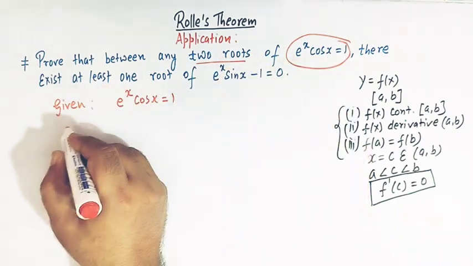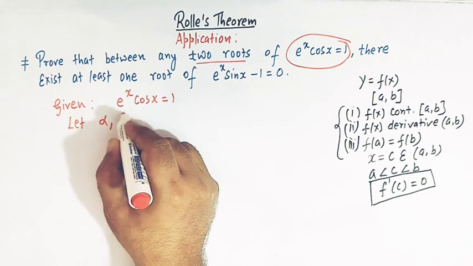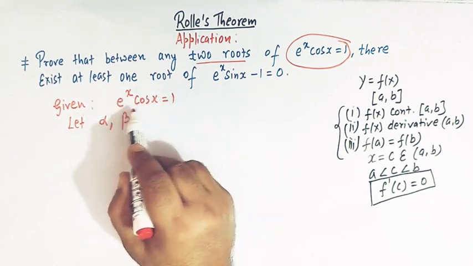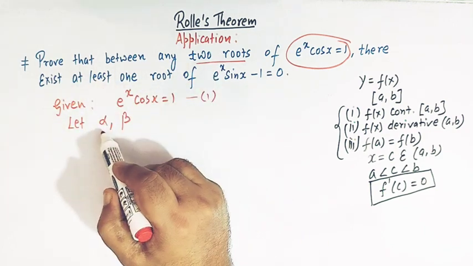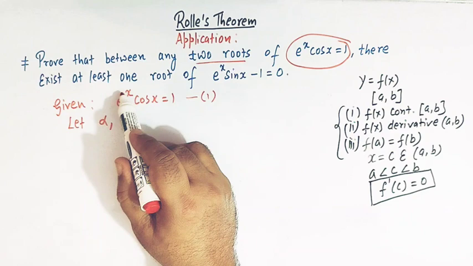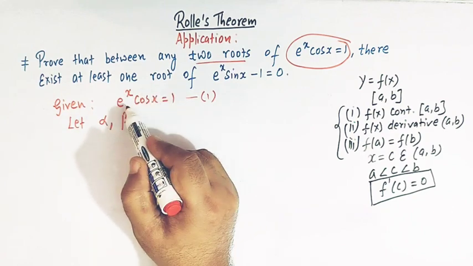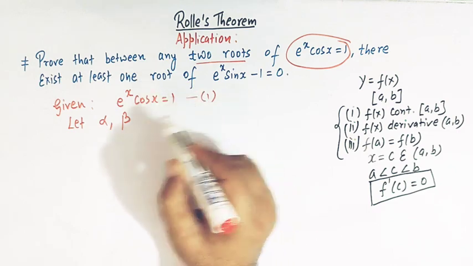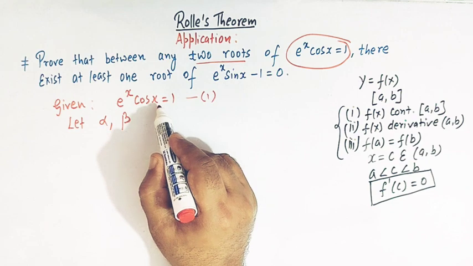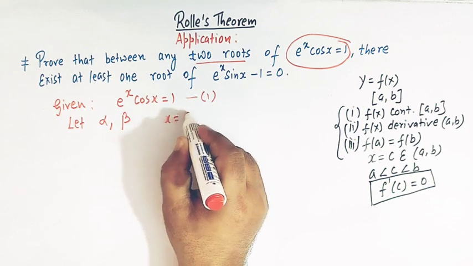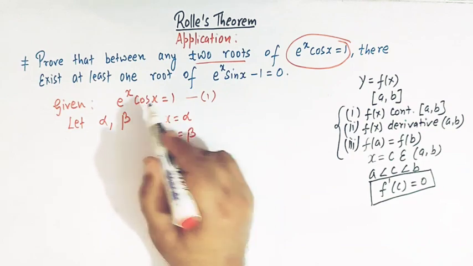Let us assume that alpha and beta are the two roots of this equation. Now, since alpha and beta are the roots of equation 1, these values must satisfy this equation. So x is equal to alpha and x is equal to beta should satisfy this equation.